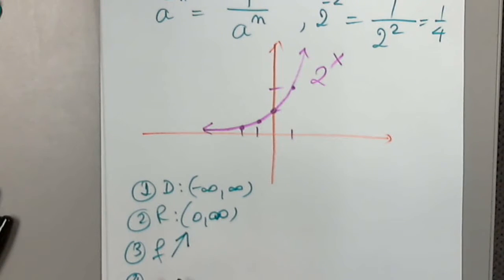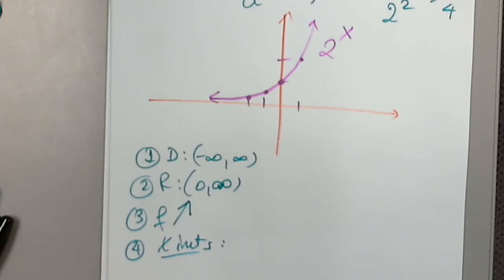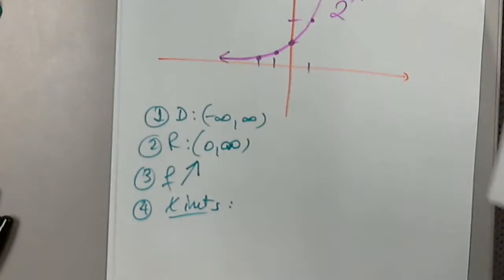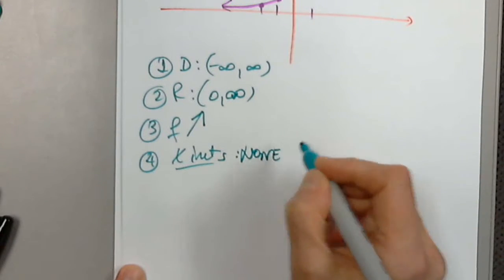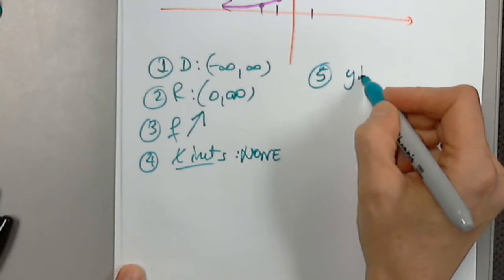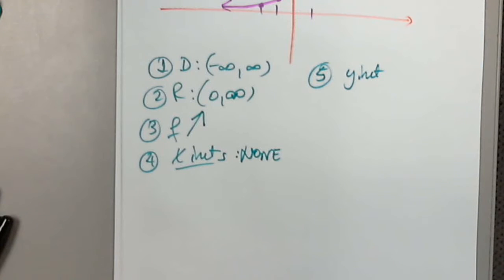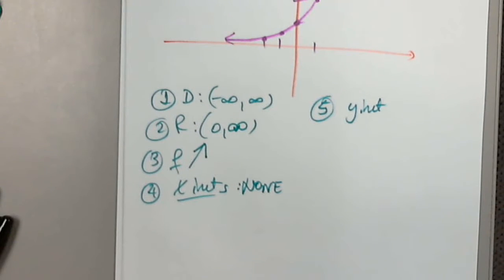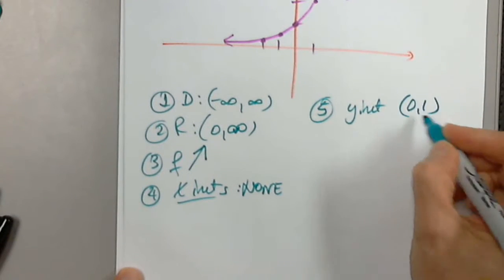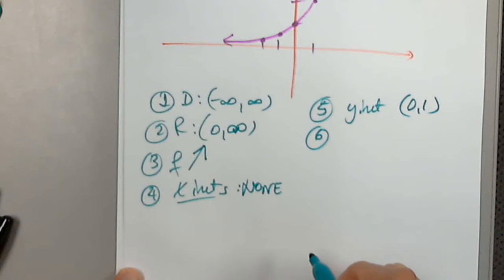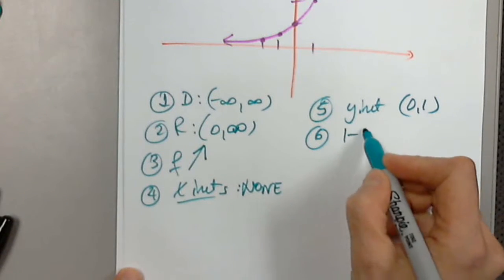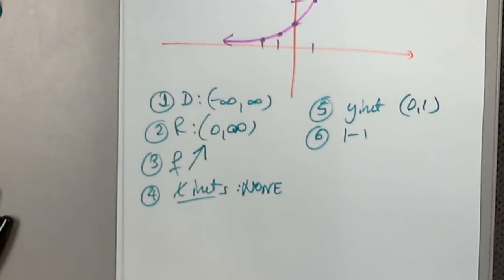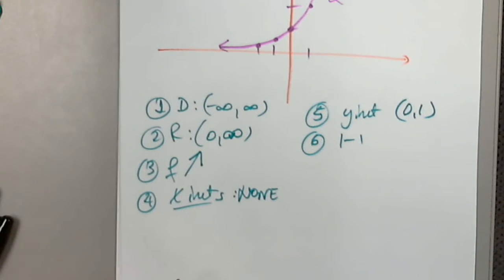Number 4, x-intercepts. What can you say about the x-intercepts of this function? None. Very good, of course. Number 5, the y-intercept. Can anyone give us the y-intercept of this function? 0, 1. Very good, awesome. 6, is it 1 to 1? Yes.